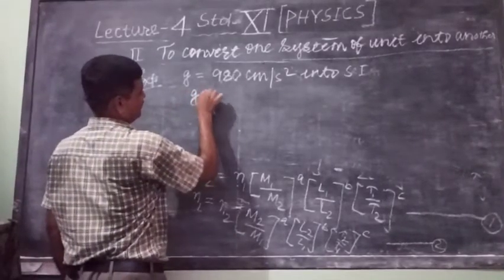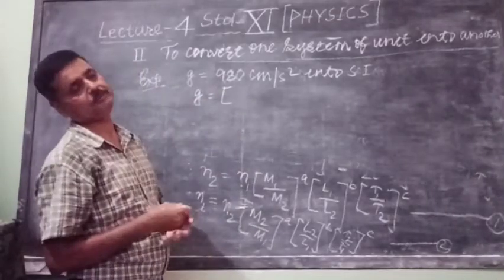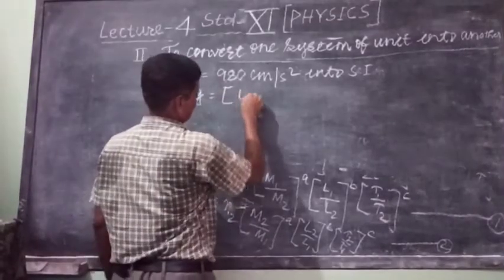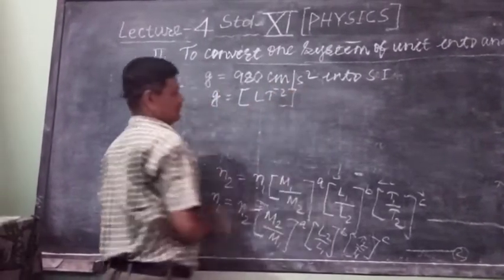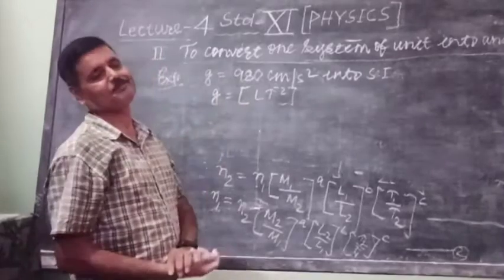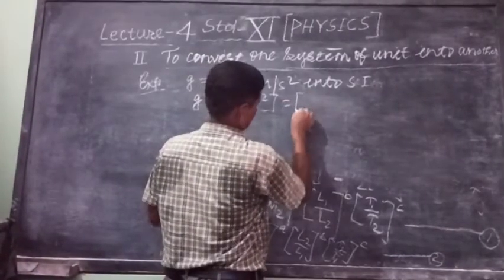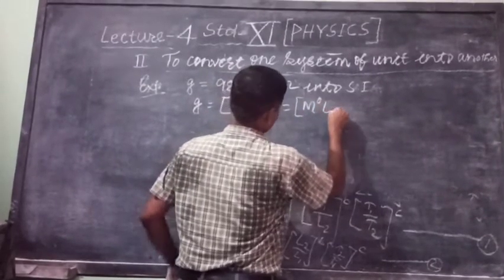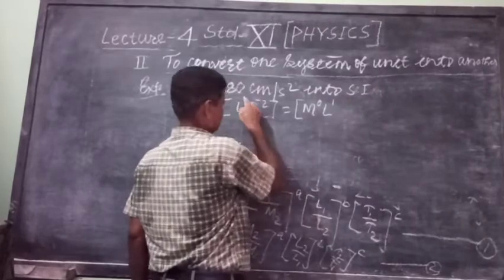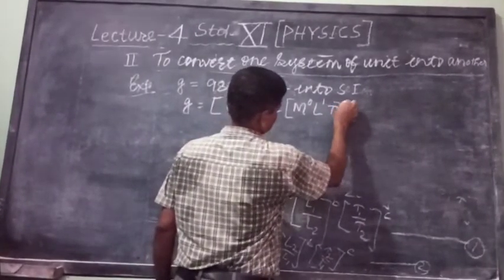The dimension of g is the same as the dimension of acceleration, so it is L T to the power minus 2. M is absent here, so you can write it as M to the power 0, L to the power 1 and T to the power minus 2.